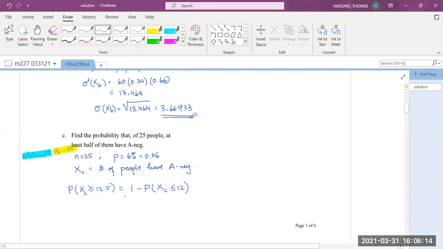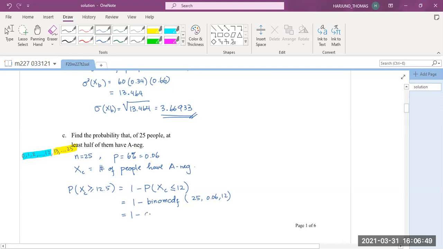Okay, and from there we will write down the calculator notation. That's binomcdf, the number of trials 25, probability of success 0.06, up to 12. That is 1 minus binomcdf(25, 0.06, 12).